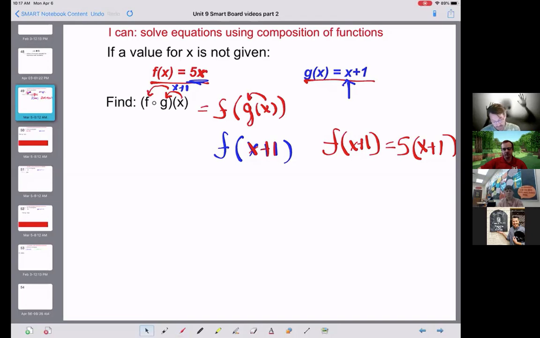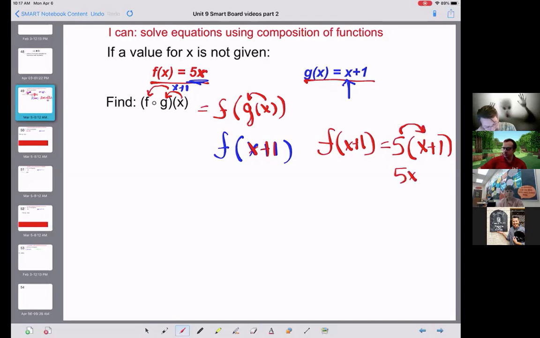Good. All right. So now that I see that, I realize that in order to simplify this, I'm going to have to distribute because I can't add x plus 1. So I'm going to go 5 times x, which is 5x, and 5 times 1, which is 5. And so f of x plus 1 equals 5x plus 5.